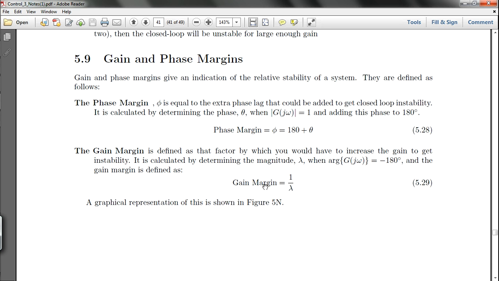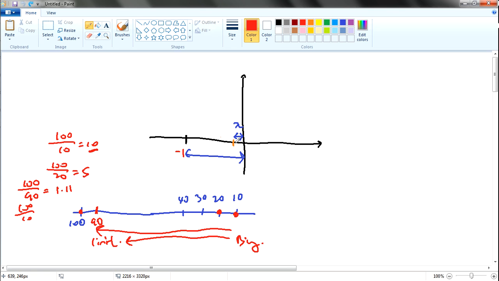So if you were to come back here, this is what I'm talking about, the gain margin. It's defined as that factor by which you would have to increase the gain to get instability. Okay, it's in terms of the factor. So how many times you compare the limit to the distance from the origin, right?